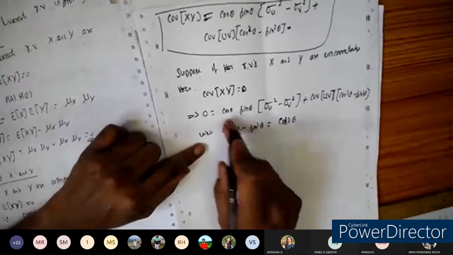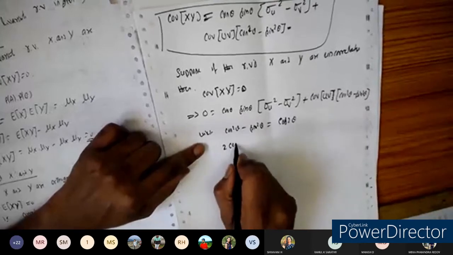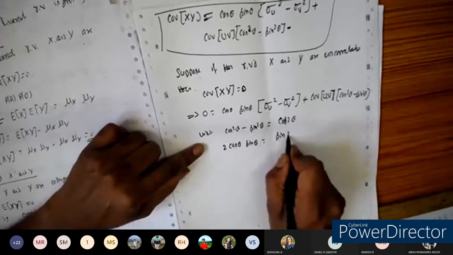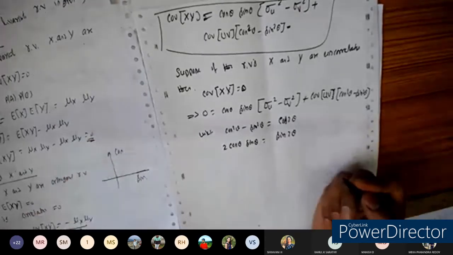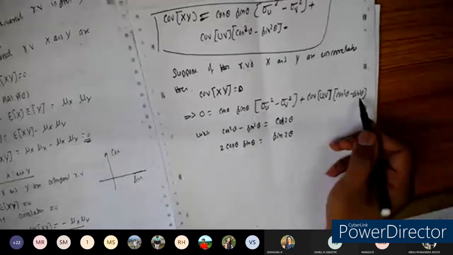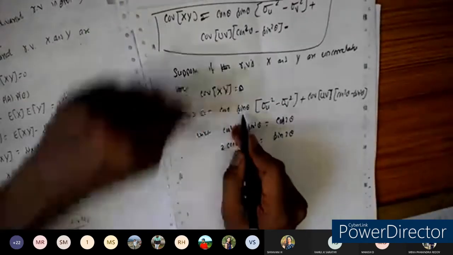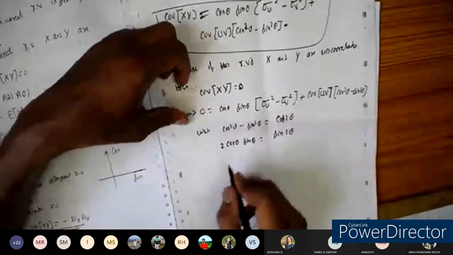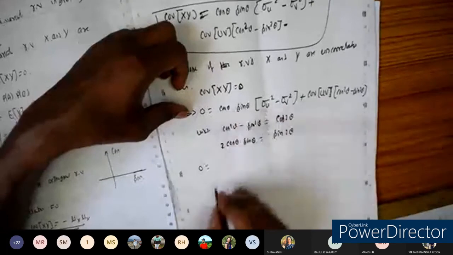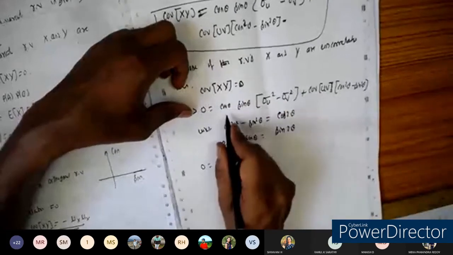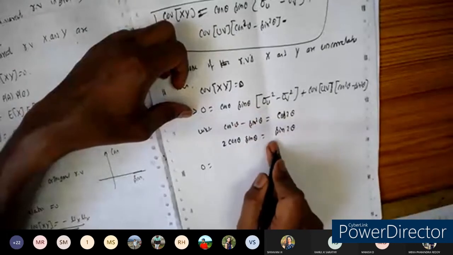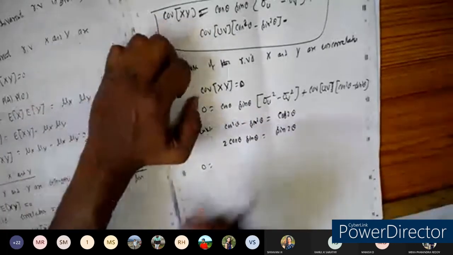Similarly, 2 cos theta sin theta is sin 2 theta. So I'm going to substitute cos 2 theta in place of the one and sin 2 theta in place of the other. So 0 is equal to, since the 2 is not there, I can write sin 2 theta divided by 2.